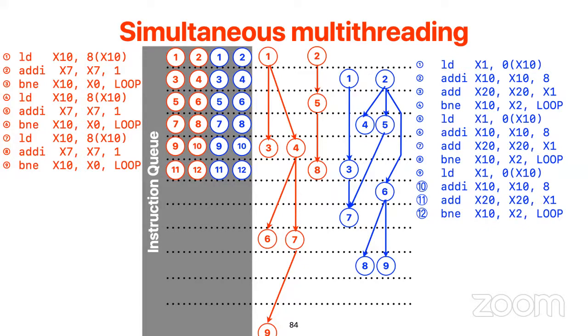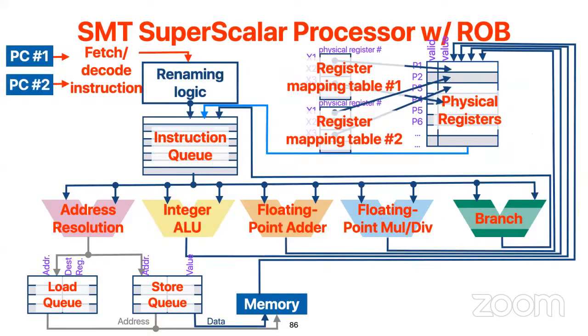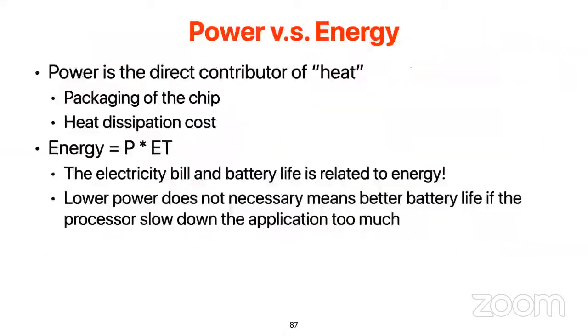However, without modifying your program, there's no way a single program can get a benefit from simultaneous multi-threading. So the architectural design right now is highly impacted by power and energy consumption.